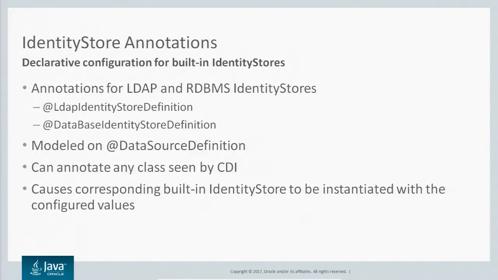That's correct. JSR-375 says that the container must provide a built-in LDAP identity store and a built-in RDBMS identity store. And then these annotations would be used to configure them and instantiate them. But you're not required to use those identity stores. You could implement your own if you wanted, and as long as you make it available to CDI, it will be used.